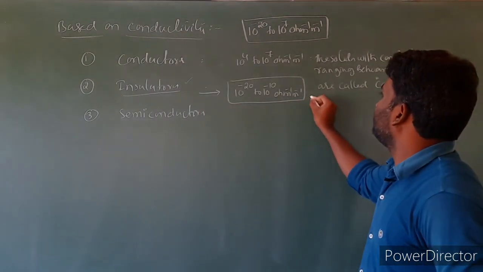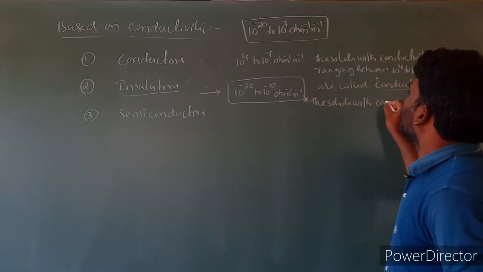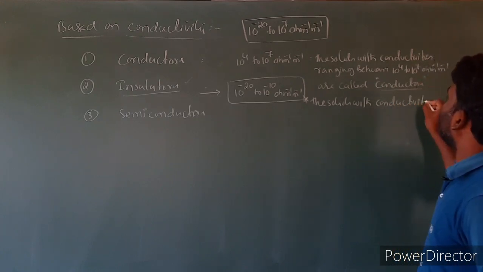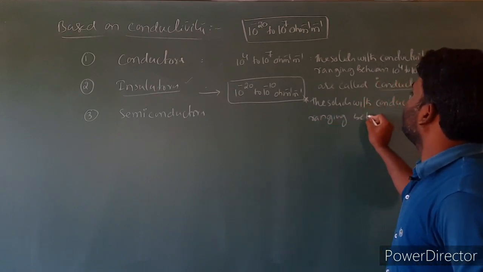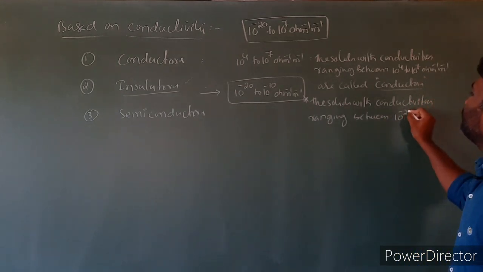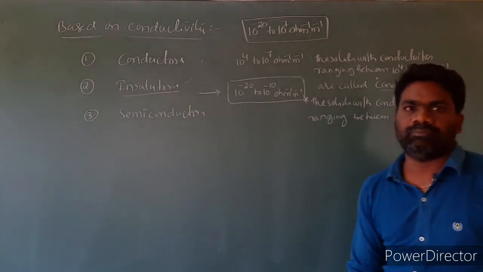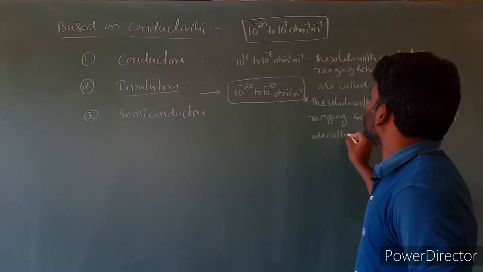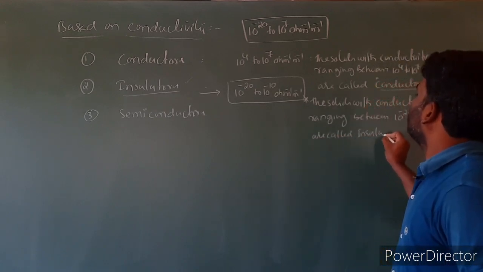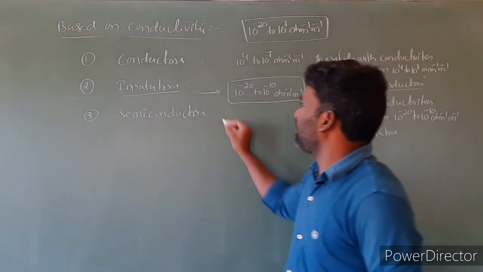Write the statement for this case: the solids with conductivities ranging between 10 power minus 20 to 10 power minus 10 ohm inverse meter inverse are called insulators.